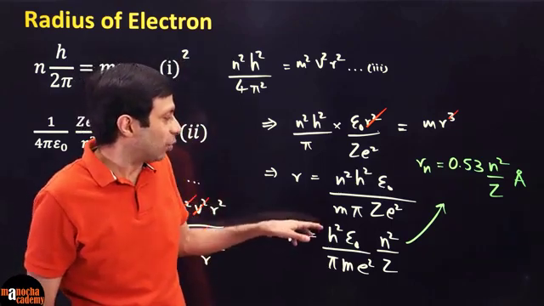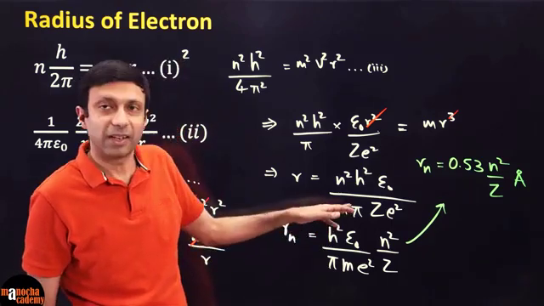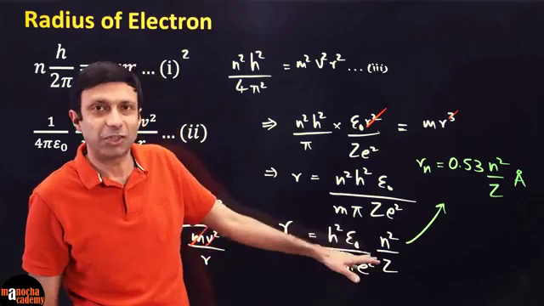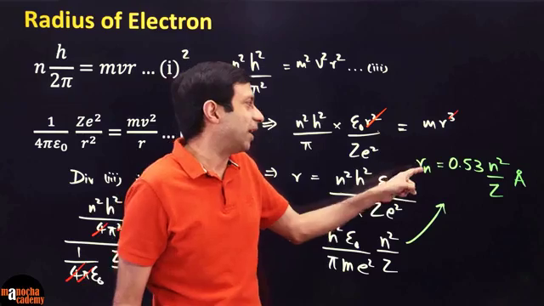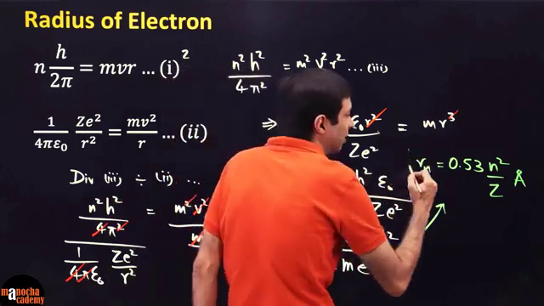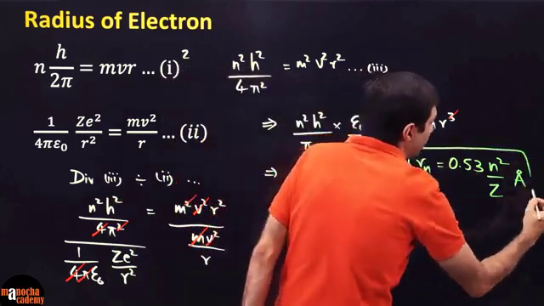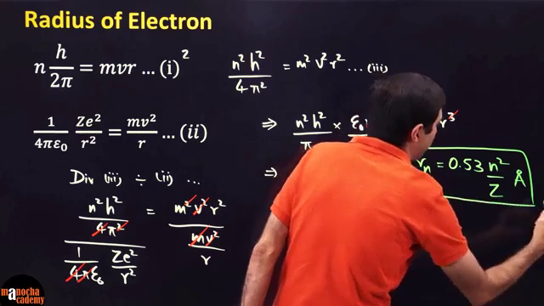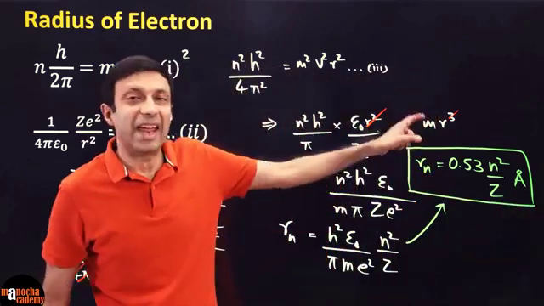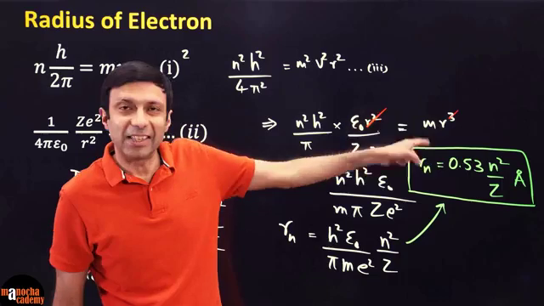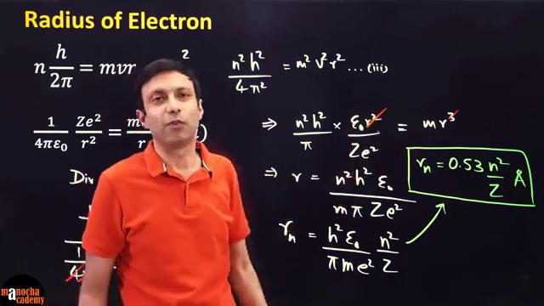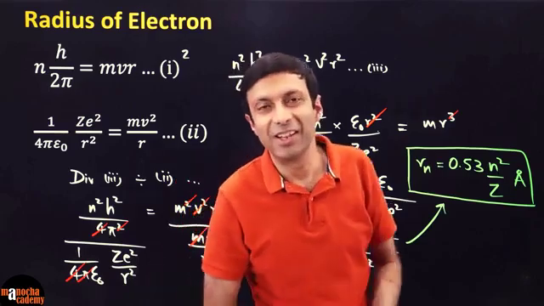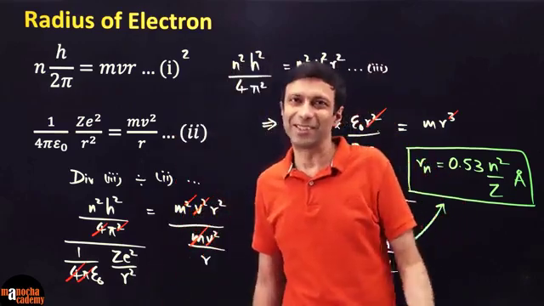So if you substitute Planck's constant, epsilon naught, pi, m, e square, all this in your SI units, finally you're going to end up with this important expression that the radius of the nth shell, Rn, is 0.53 times n square by z, where n is the shell number and z is the atomic number. So this is a very, very important formula where we have derived the radius of an electron.